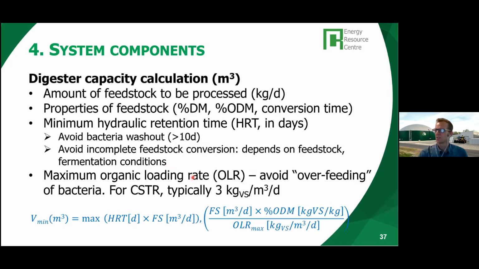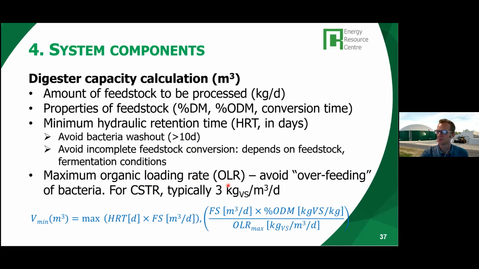So that's on one hand. On the other hand, on the basis of the maximum organic loading rate, that means the amount of organic matter that you add per cubic meter of digester capacity.